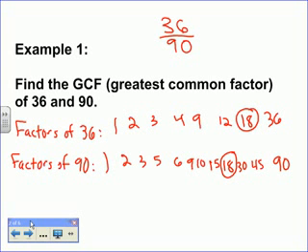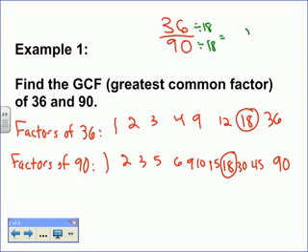How would you use 18 to put that fraction in lowest terms?